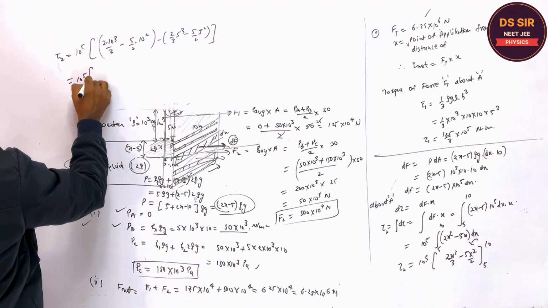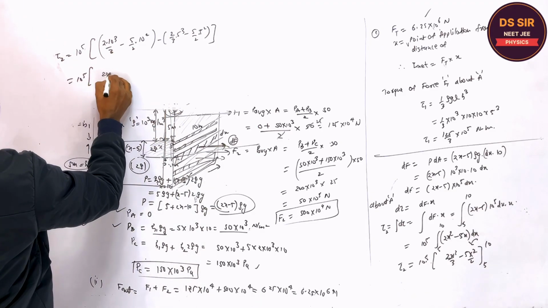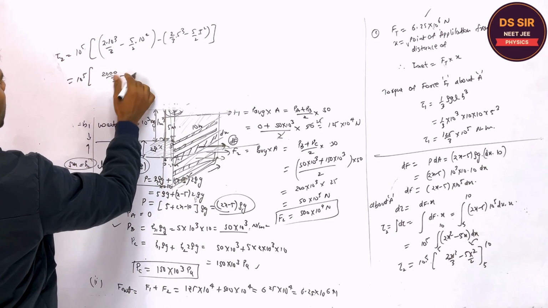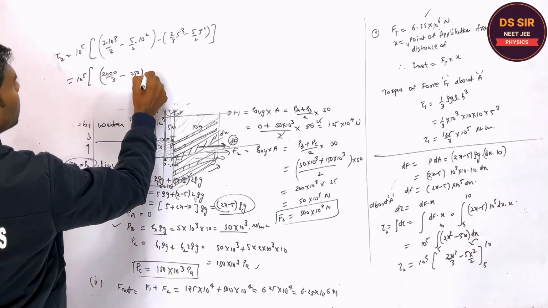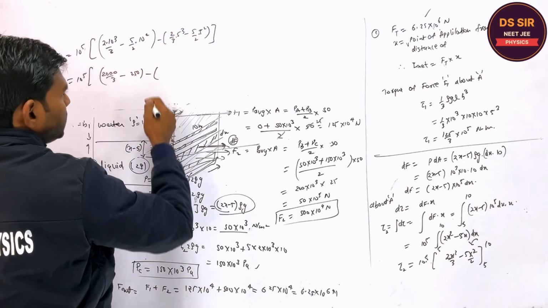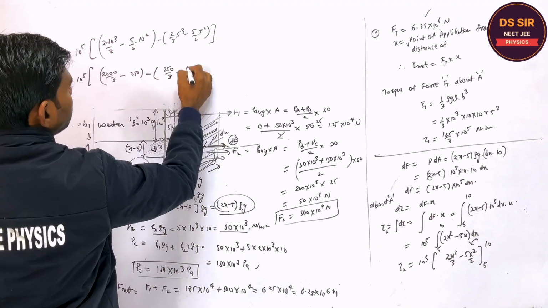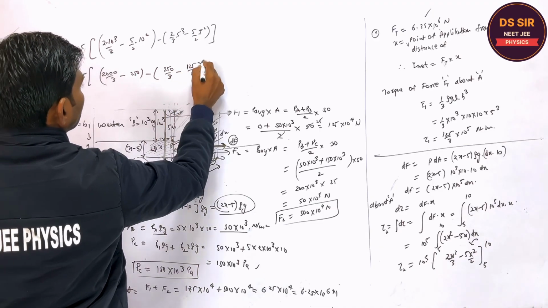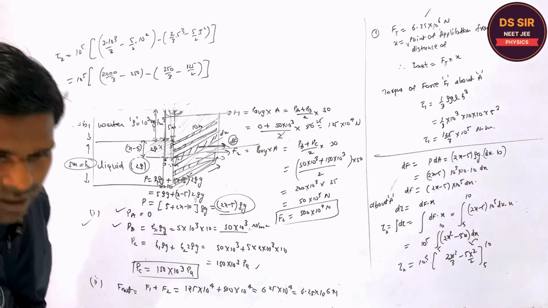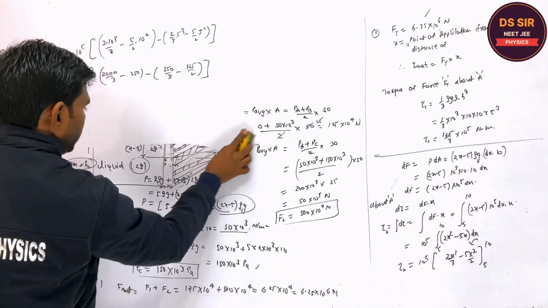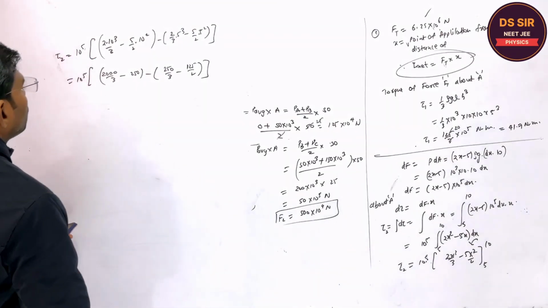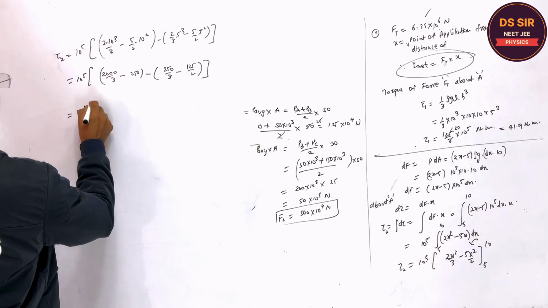So this is 2000 upon 3 minus 250, minus 250 upon 3 plus 125 by 2. All right, like this. So I'm deleting all this. This is 10 raised to the power 5.